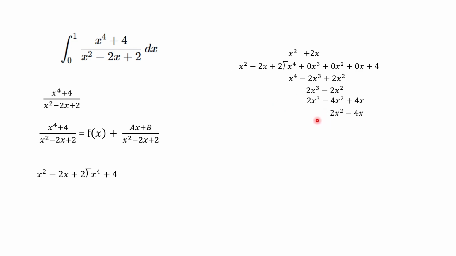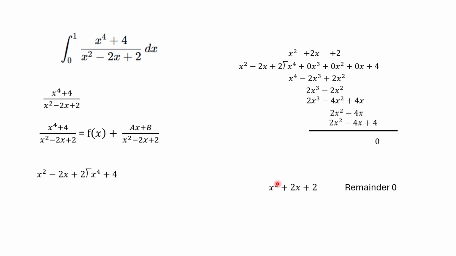And then you can repeat the process one final time to get plus 2 here, and multiplying everything out by 2 will produce this, and remembering this plus 4 over here, this all will produce a remainder of 0.